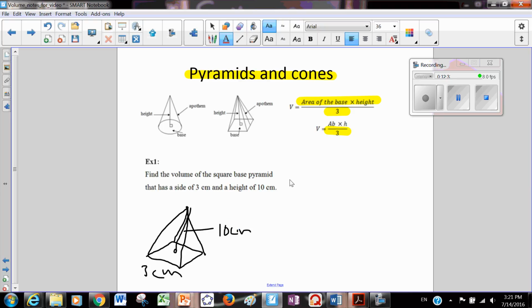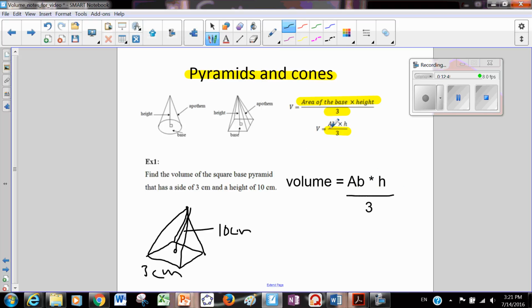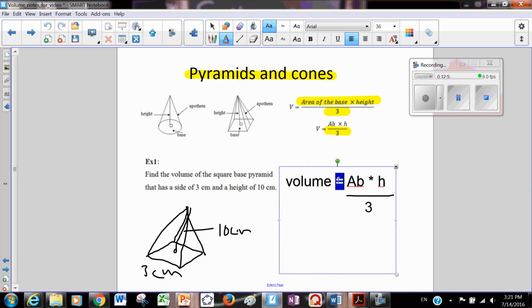And then we're going to need to find the volume. So the volume is equal to area of the base times the height, but we have to divide by 3. Now let's change with the value that we have. The volume is equal area of the base.